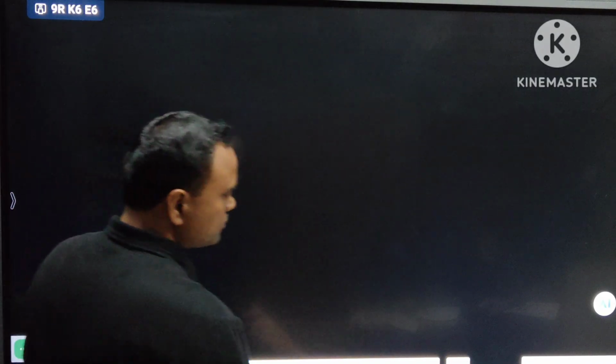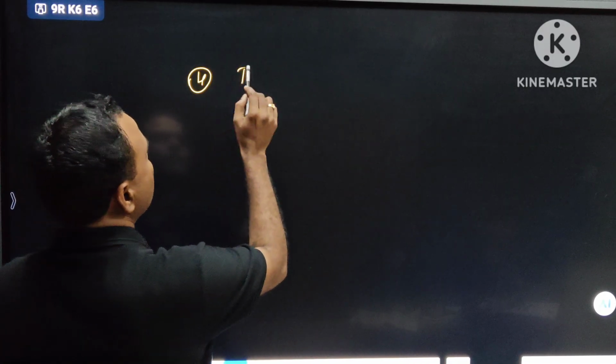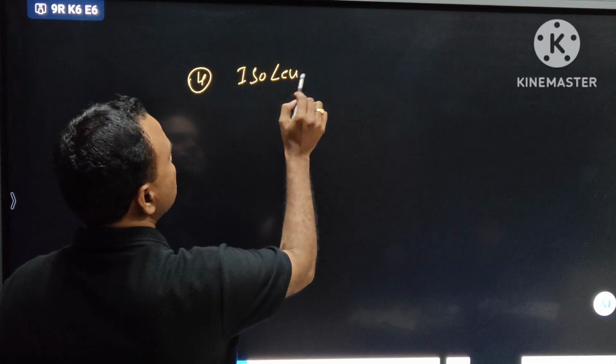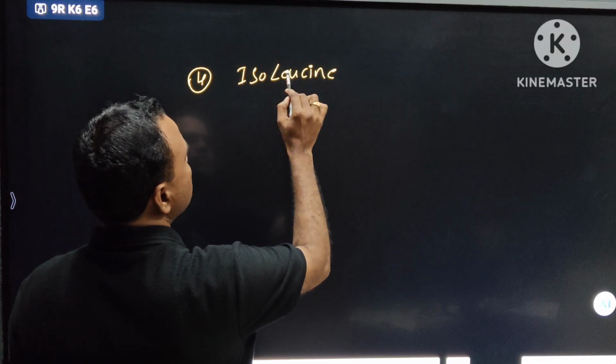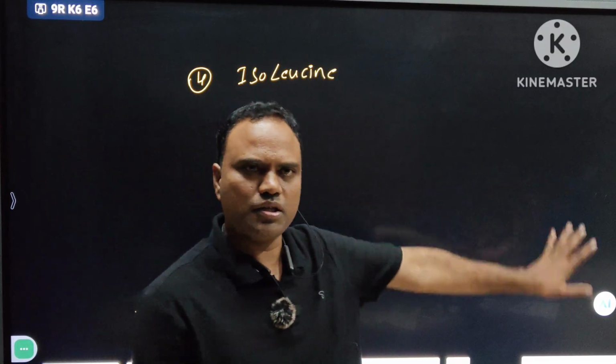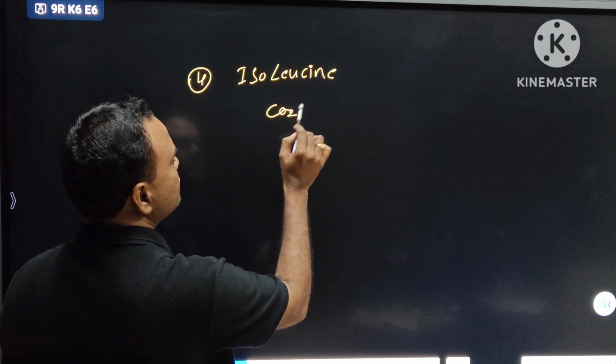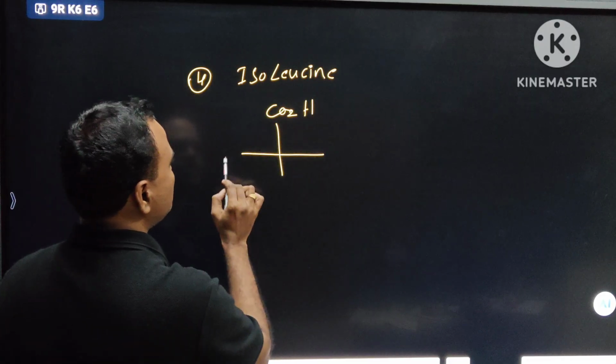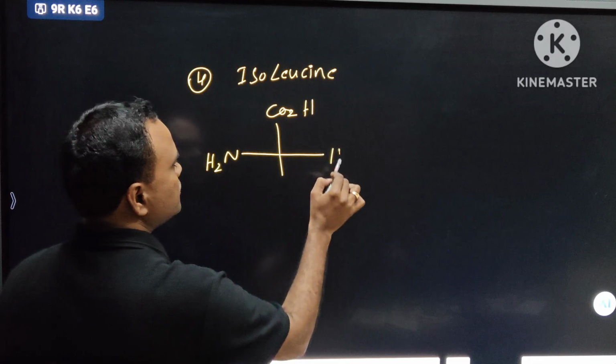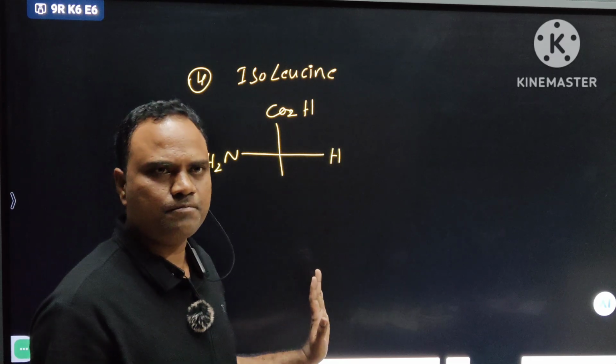Next, third one, I think. Third one or fourth one? Fourth one. Isoleucine. Why am I giving isoleucine? After this compound, I will give the reason. Isoleucine. Right. First, CO2H. Tell me. Here NH2, here H. Any doubt in this?